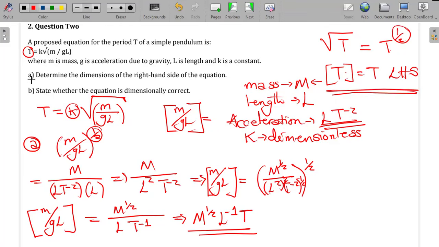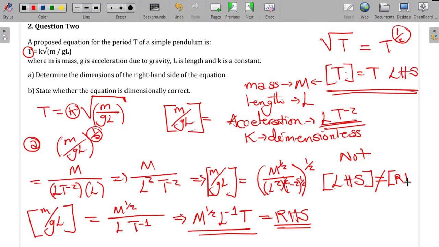Then if you look at our right-hand side, which is what we've calculated, these are the dimensions that we're having. If you compare the left-hand side and the right-hand side, you can tell these sides are not equal. The dimensions on the left-hand side are not equal to the dimensions on the right-hand side.